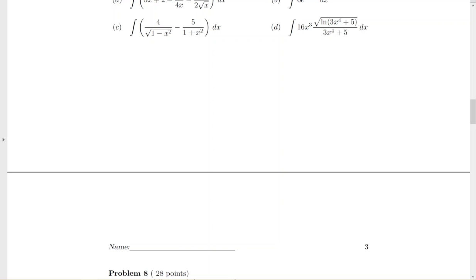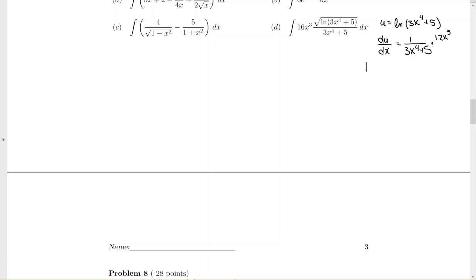And you may have to do a little bit of trial and error, but if I let u equal the thing under the radical, so natural log of 3x to the fourth plus 5, and then do a du dx, or take the derivative of natural log of that thing, it's going to be 1 over that thing, which is good because I've got that thing in a denominator here, times the derivative of the inside of the natural log, so 12x cubed, and then the derivative of 5 is 0.